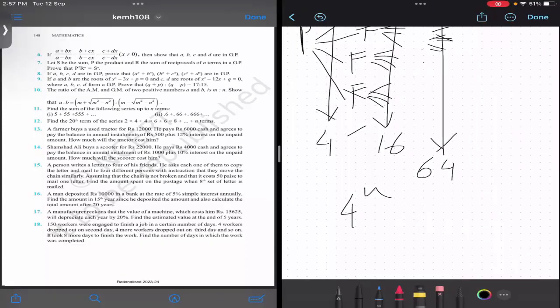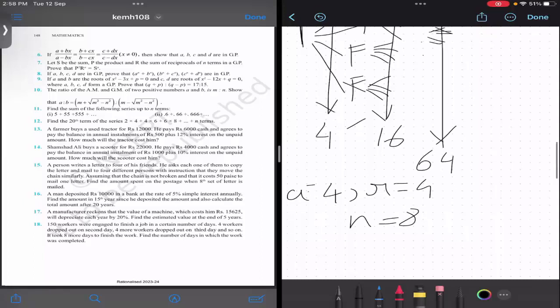So for the 8th set of letters mailed, the number of letters is going to be 4 raised to power 8, and the total amount that it costs to mail these letters is going to be, the GP has a as 4 and the common ratio has also been 4. We need to find the total amount spent when the 8th set of letters is mailed, right? So the number of terms is also 8.